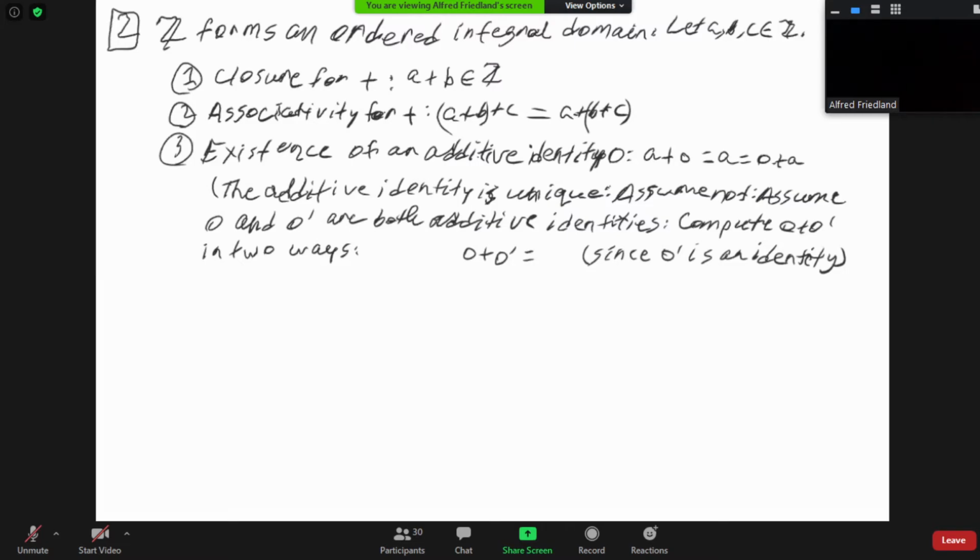Look at what an identity does here on step 3. It adds on either side to whatever it's adding to and leaves that same thing. So we're starting with 0, and now we're adding the additive identity 0 prime. And when you add an additive identity to any number such as 0, you get that same number, which is 0.